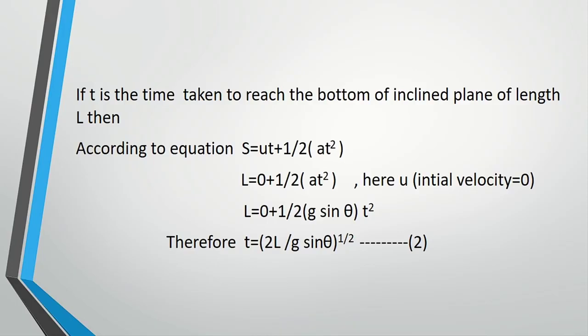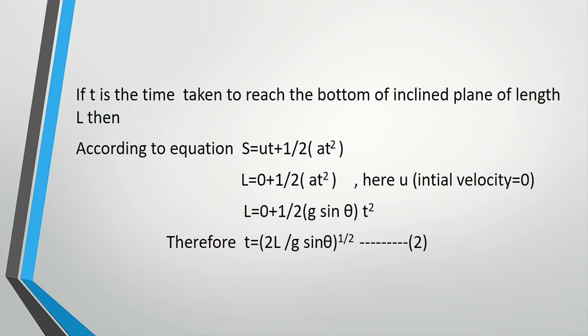Here the distance travelled by the object is L, therefore s is replaced by L. And the initial velocity of the object is 0, that is, from the top to bottom, when the body just starts its movement, its initial velocity can be taken as 0.